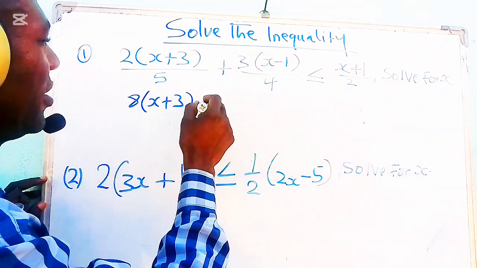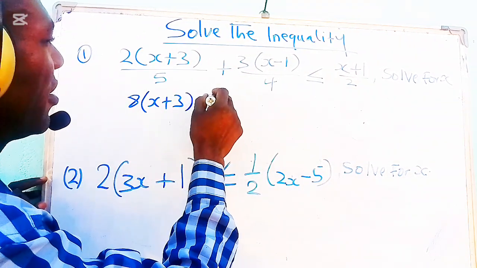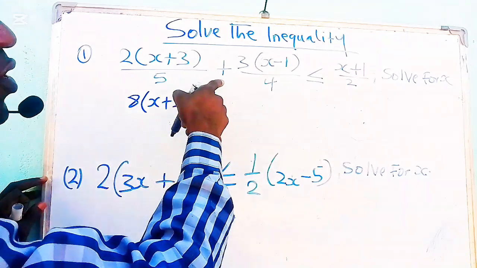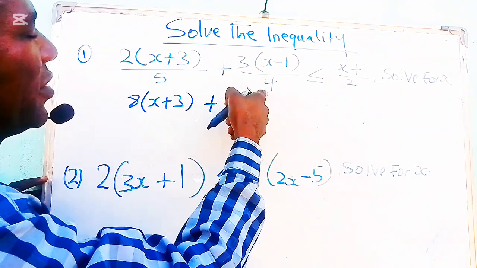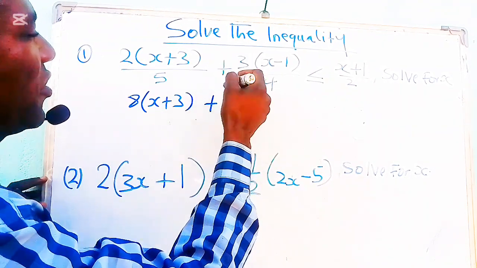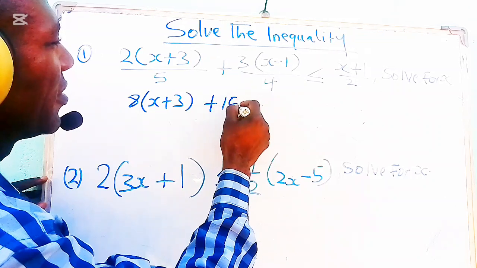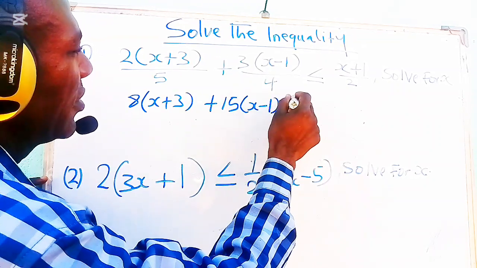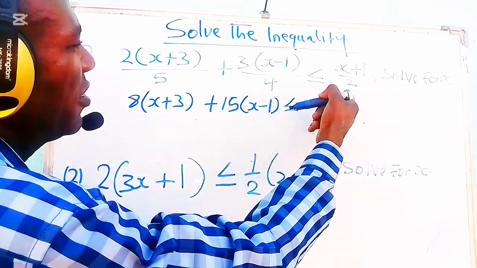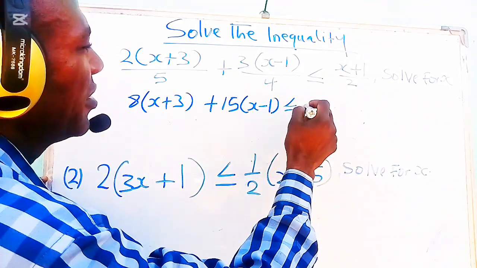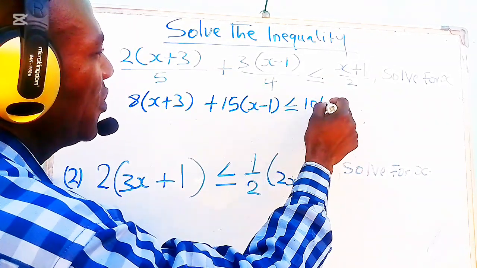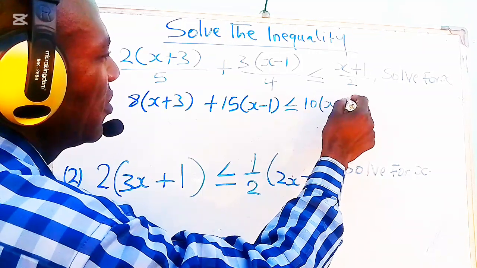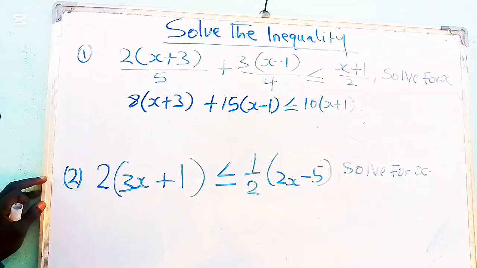Plus 20 divided by 4 is 5. 5 times 3 is 15. Less than or equals to 20 divided by this is 10. Put the 10 here. Open the bracket, x plus 1. Close the bracket.